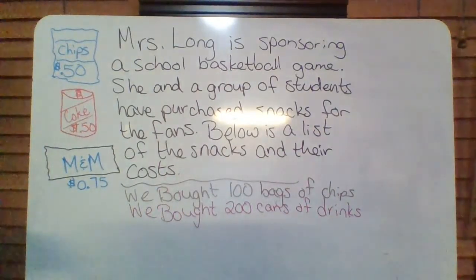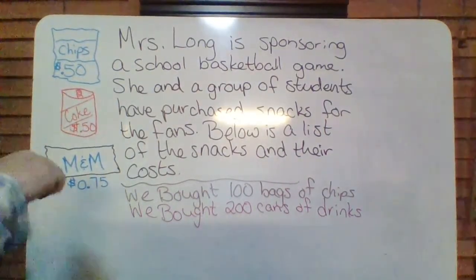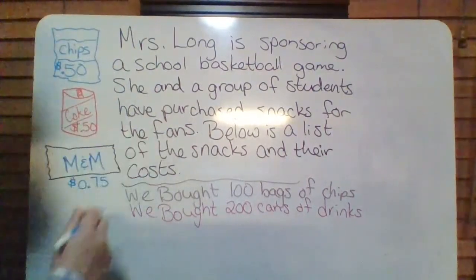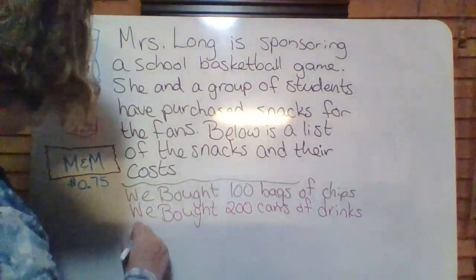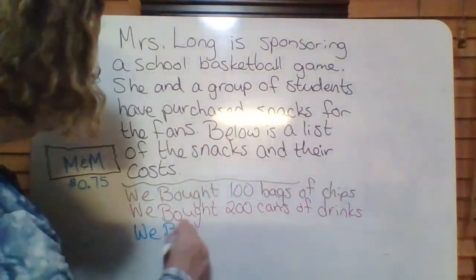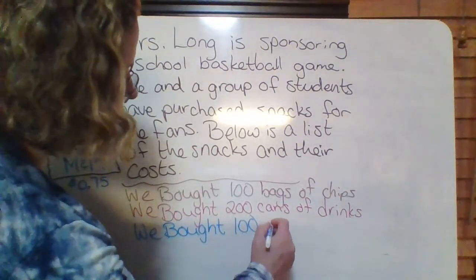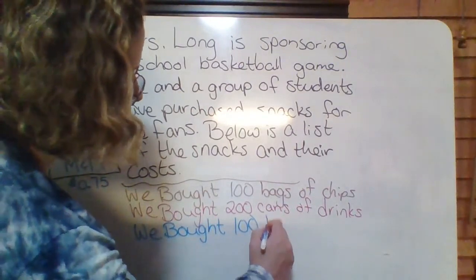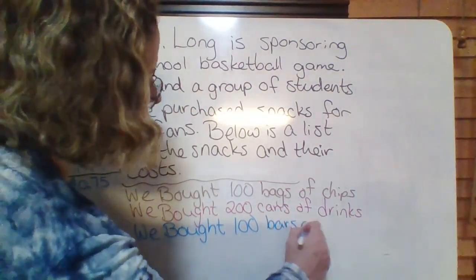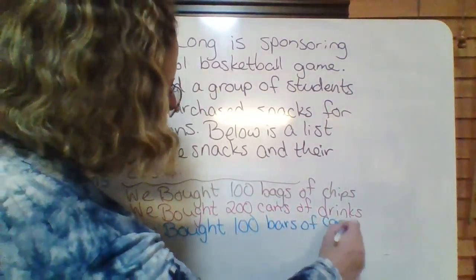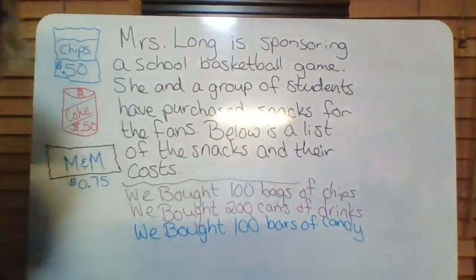And then let's say that we decided we were going to buy 100 things of candy. We'll say bars, even though M&Ms aren't bars. Okay, so that's what we bought.